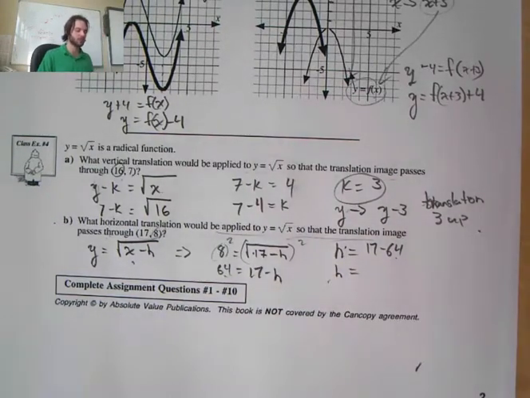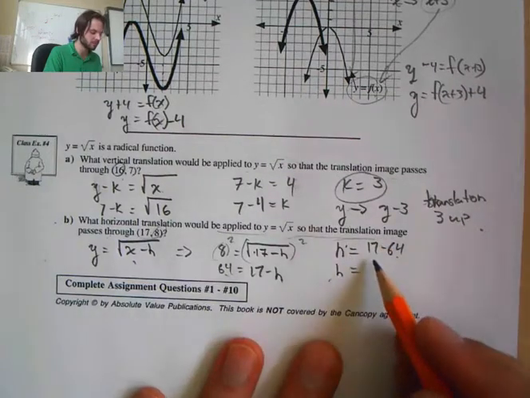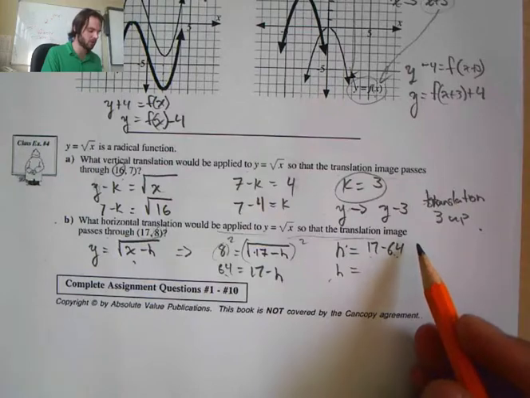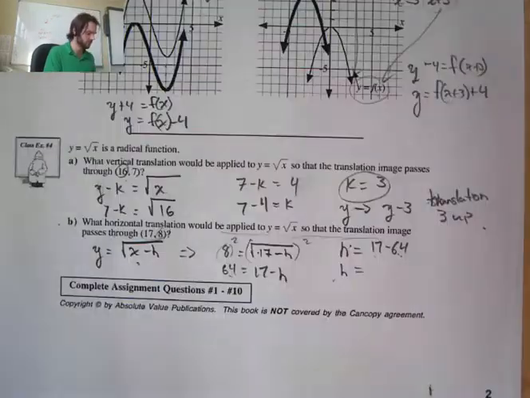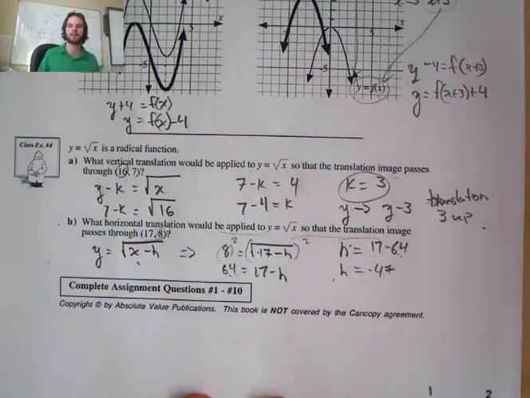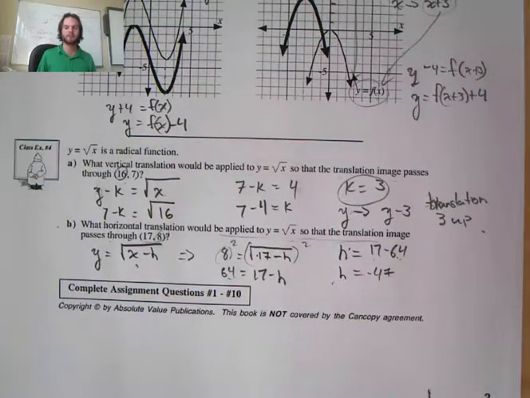H is equal to 17 subtract 64, which is going to give me negative 47. All right, so that means we shifted it 47 units left.